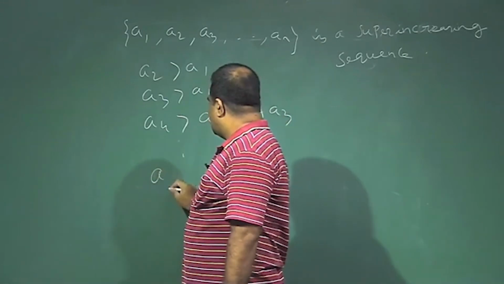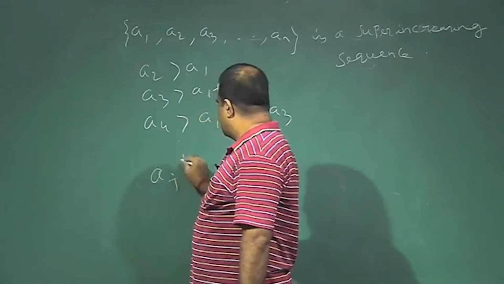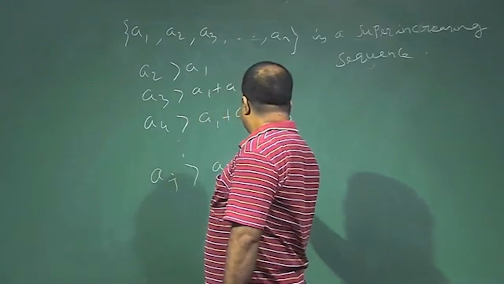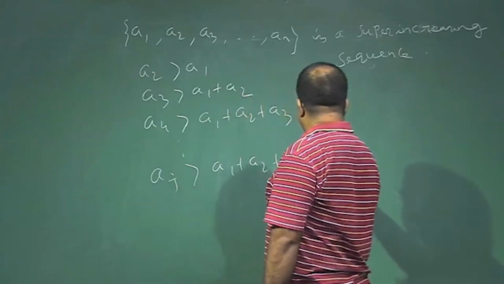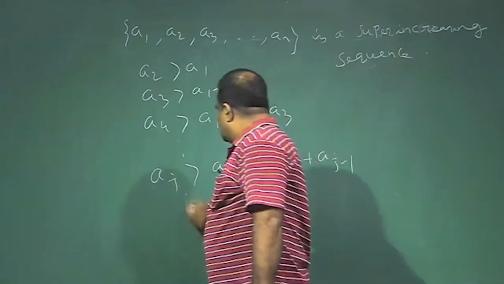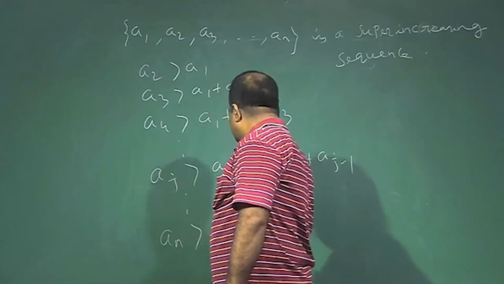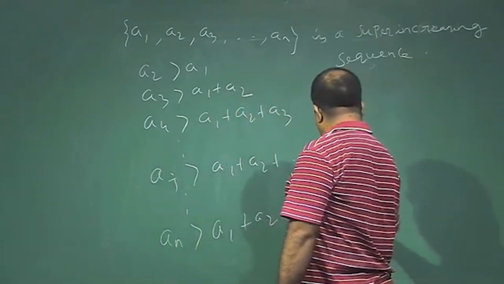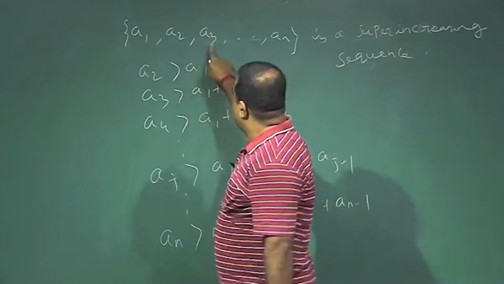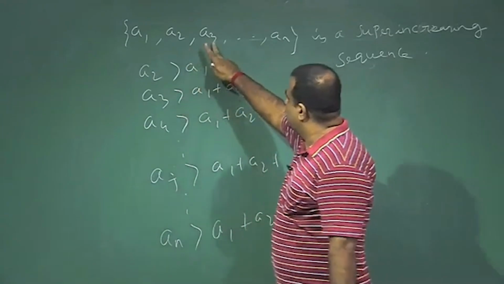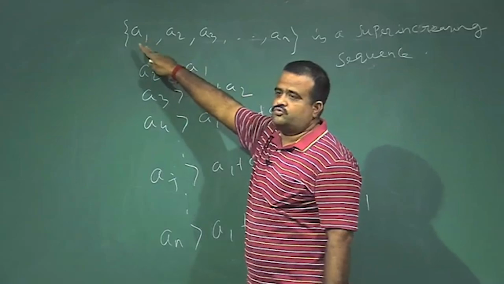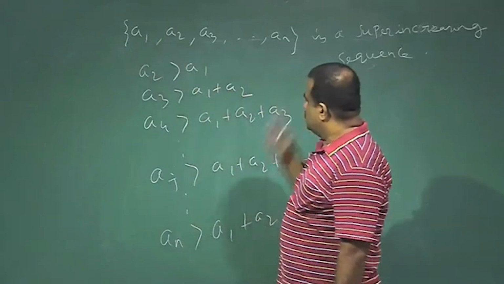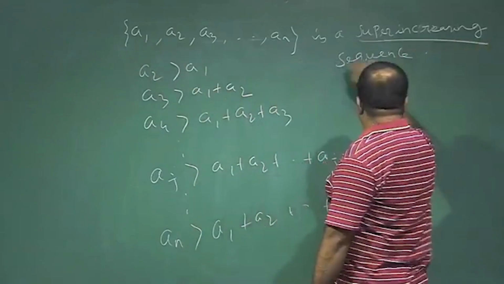So Aj must be greater than A1 plus A2 up to Aj minus 1, and An must be greater than A1, A2, up to An minus 1. Any integer must be bigger than the sum of all previous integers. That is called the super increasing property.